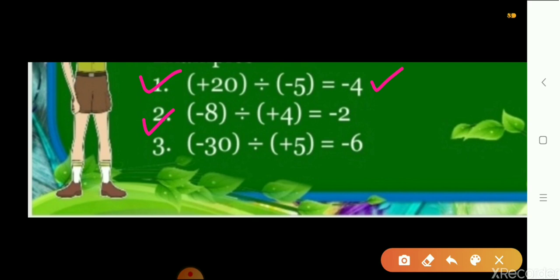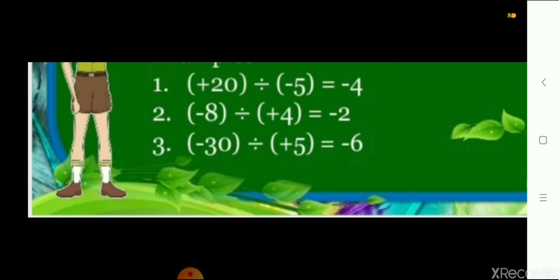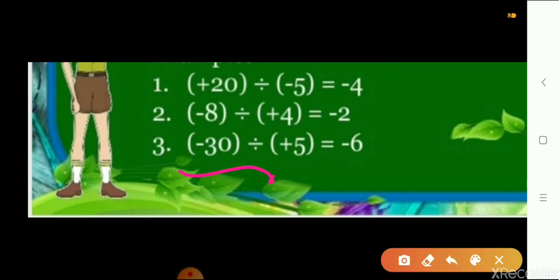Dividing a negative integer by a positive integer gives us a negative answer. In the third example also, we have taken one positive and the other negative integer. Dividing minus 30 by plus 5 gives us minus 6. So whenever we divide two integers having different signs, we get a negative result, or a result with a negative sign.